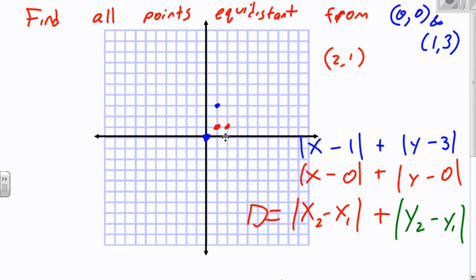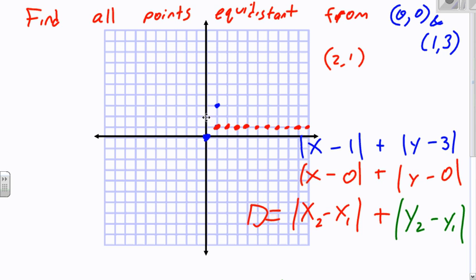That'll be 1, 2, 3, distance of 4, and down 2 over 2 is a distance of 4. That's good. Since we just continue moving to the right 1 each time, that's only adding 1 to the distance. So all of these points are equidistant from both.